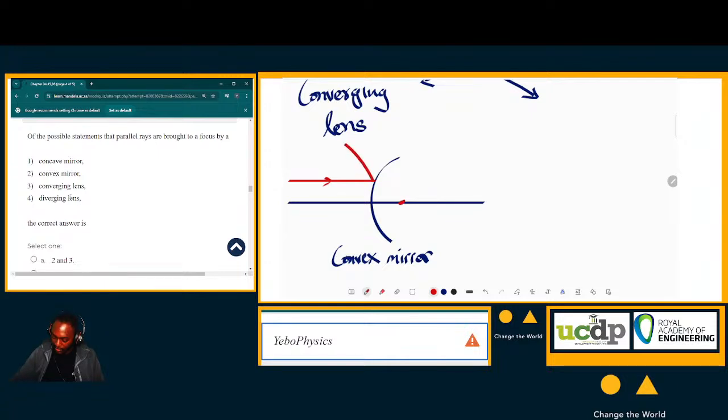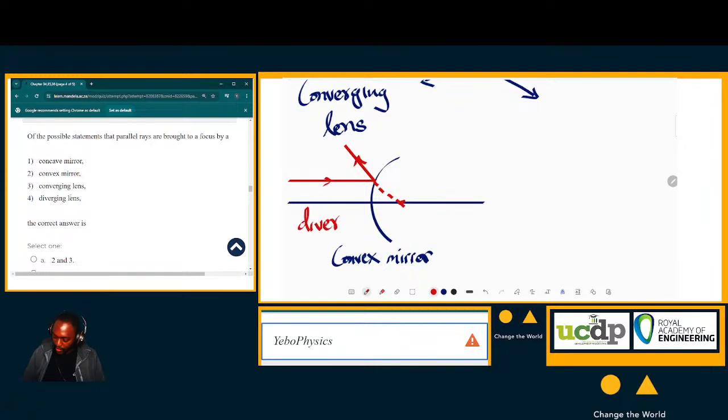Okay, that's not a straight line, so let's try again. Trying to draw a virtual ray. Okay, so which means that a convex mirror will diverge.